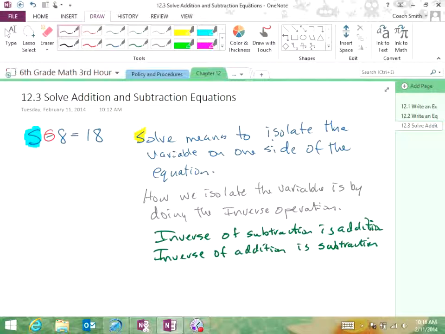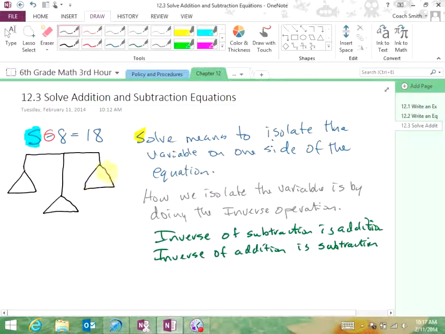Okay, now you have to think of an equation like an old-timey scale. On this side we have 18.